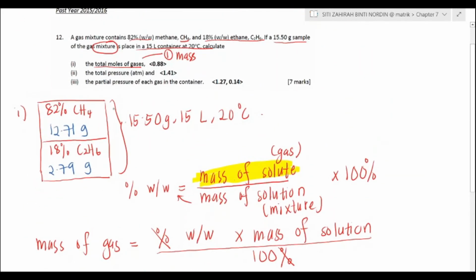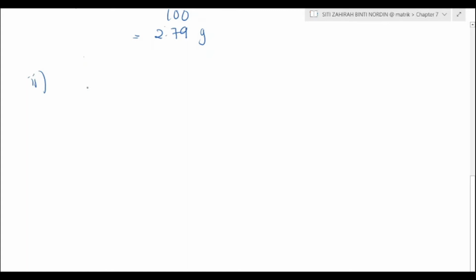Okay, so the next question is to find the total pressure in atm. For question 2, we've got 3 equations that we can use to find the total pressure, but we're going to choose the best based on the information given. The first one is to add up the partial pressure of CH4 plus the partial pressure of C2H6. The second is using the mole fraction, which you rearrange based on Dalton's second equation.